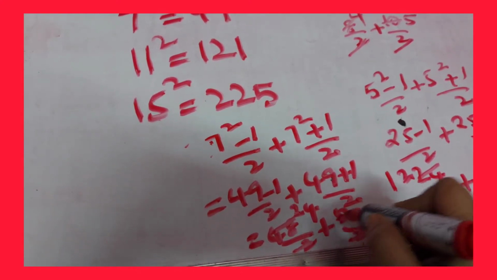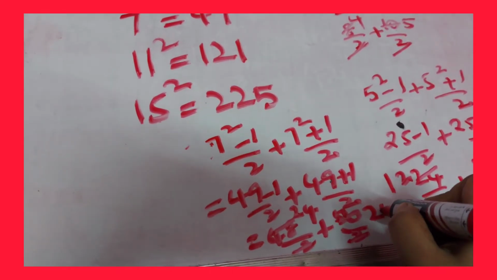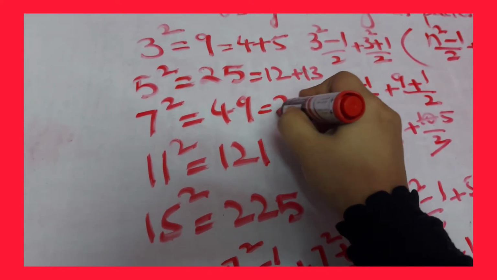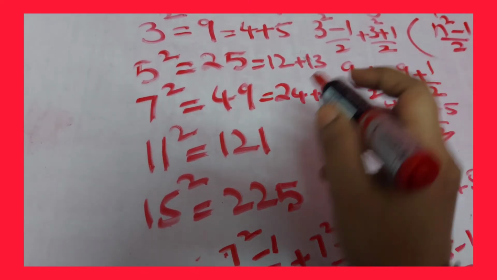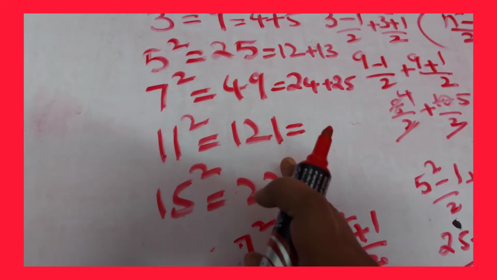Again 50 means 2 2s are 4, 2 5s are 10. It is 24 plus 25 you have to write here.